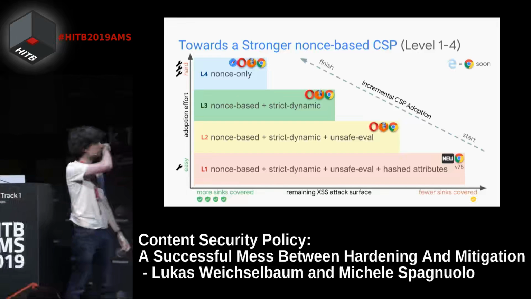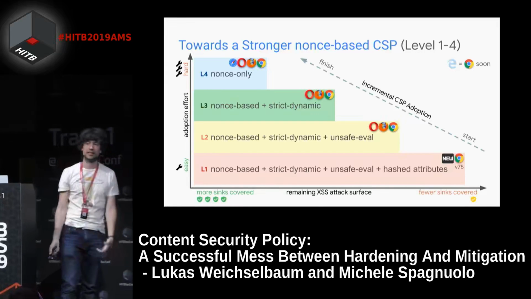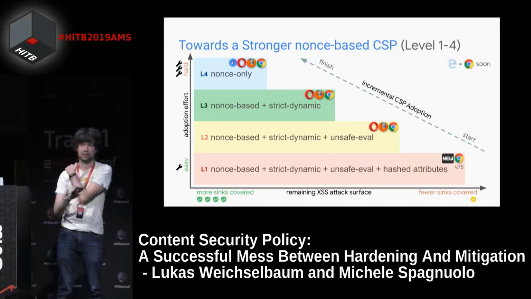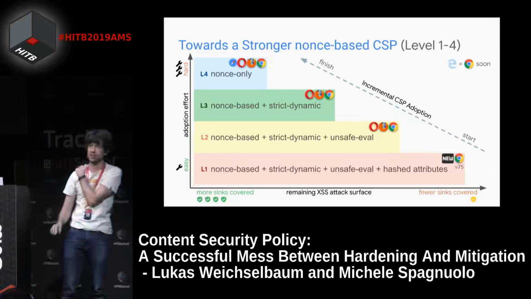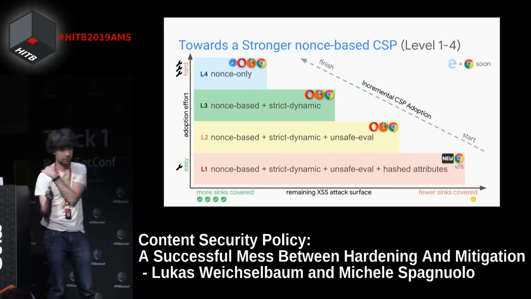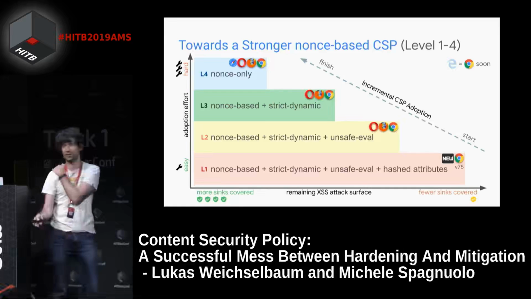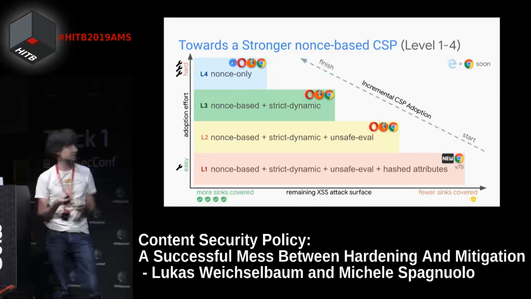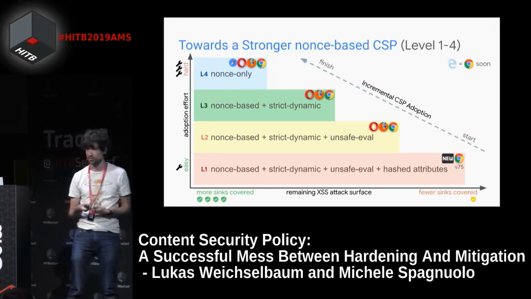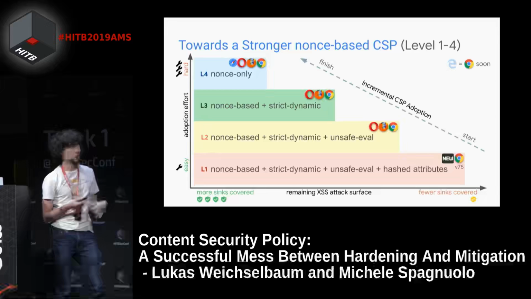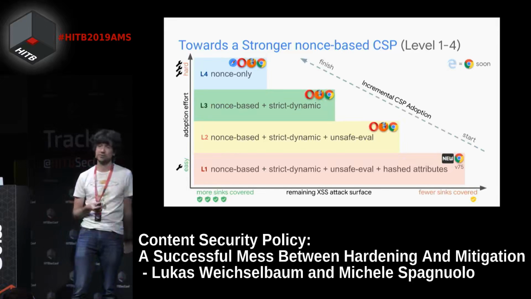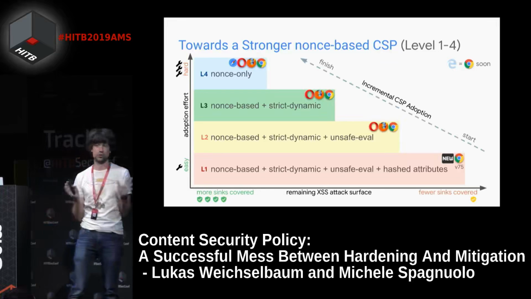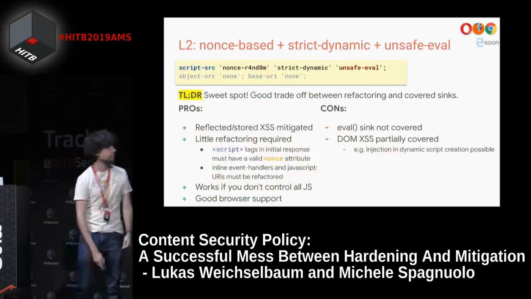So the level 1 CSP is actually a very new way of doing CSP, and we'll talk about it later because it really works with new Blink browsers, which is basically Chromium and Edge soon. Level 2 is what we always suggested, which is nonce, strict dynamic, and unsafe eval. Level 3 is dropping unsafe eval, so disallowing eval completely. And level 4 is just using nonces, so without trust propagation.